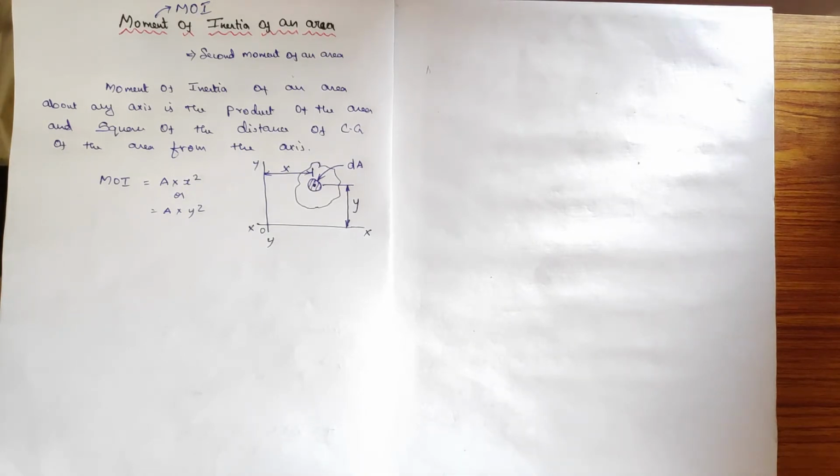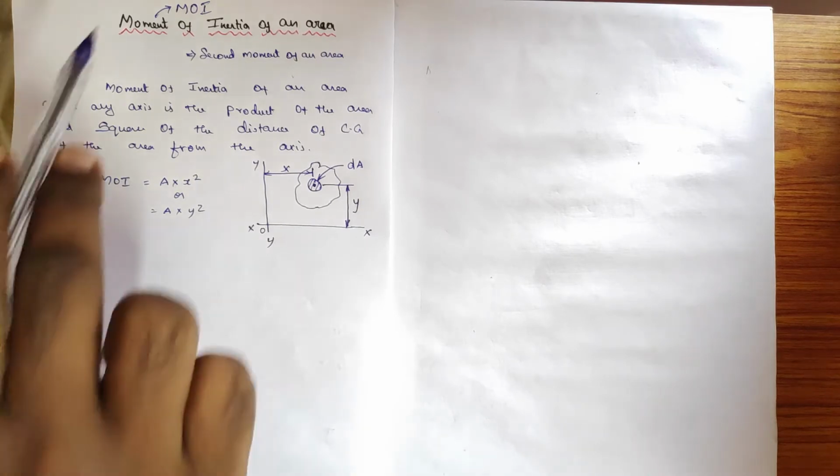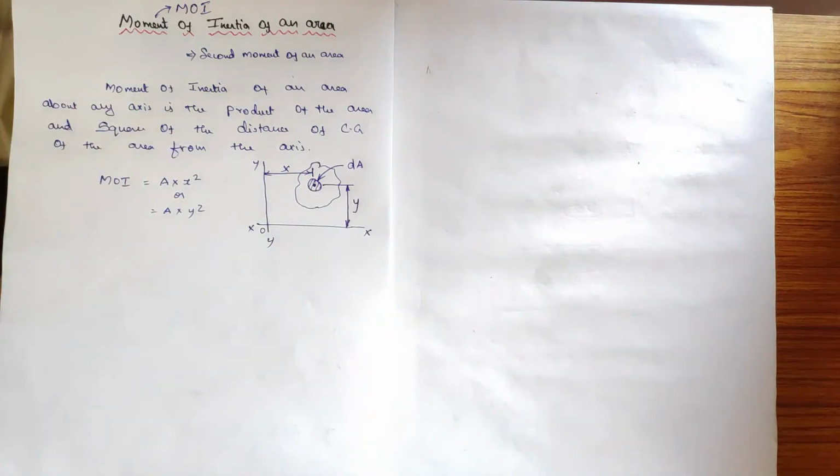Any kind of structural object we are going to construct, or any machine element or structure element, when we are going to design it, we must calculate moment of inertia, because it's a property of resistance to rotate or bend. By knowing this, we can produce a very good structural design.